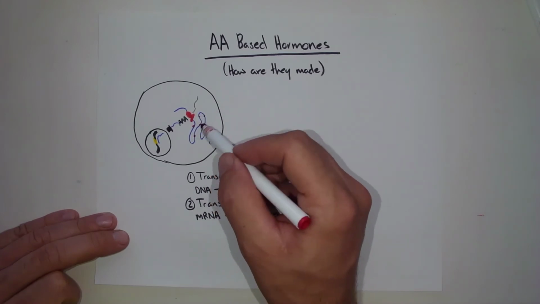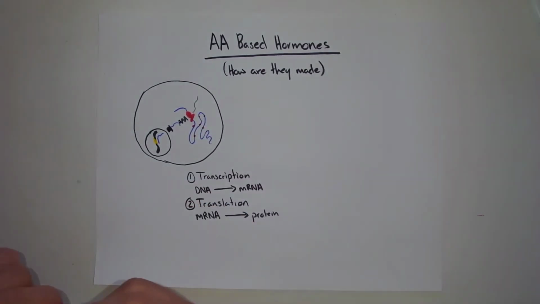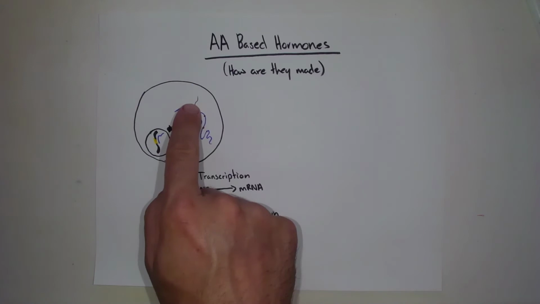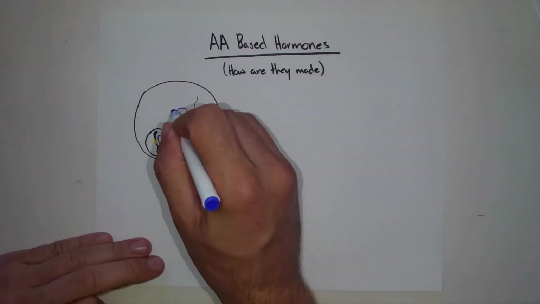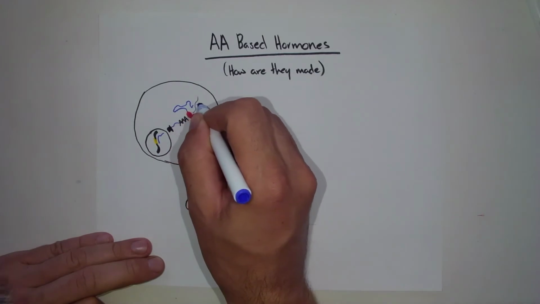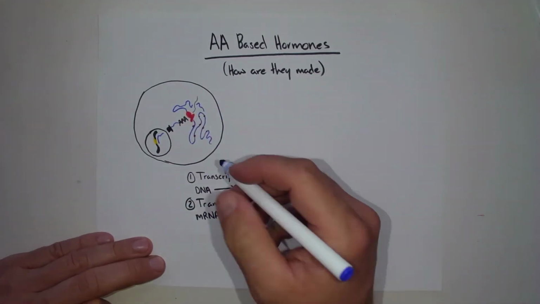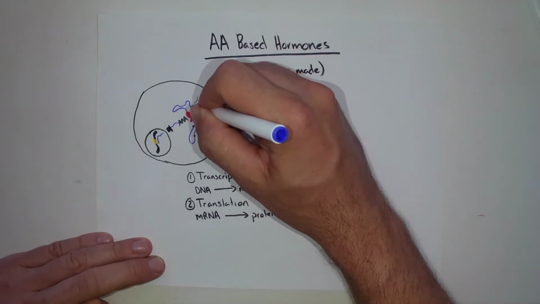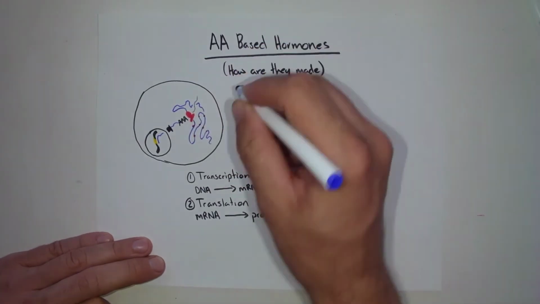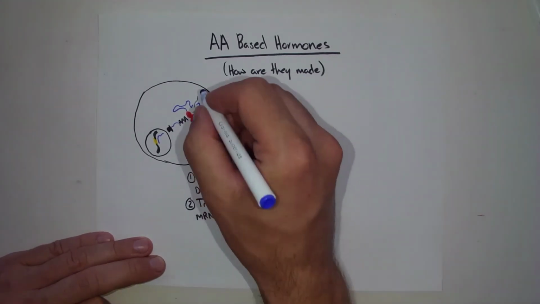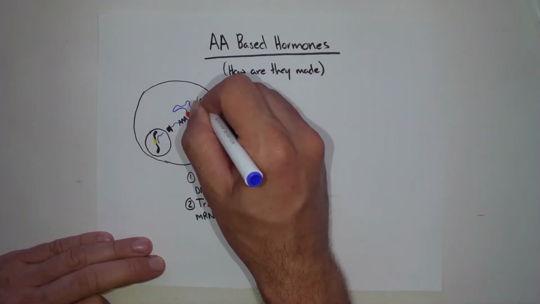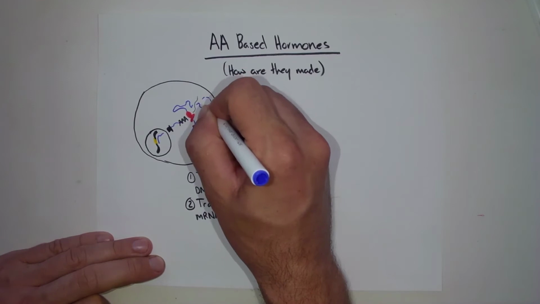And the folds in the rough ER are going to allow for this protein to fold properly within this protected environment of the rough ER. And when it folds properly in this environment so that it can withstand the environment outside the cell, it gets packaged into a transport vesicle.